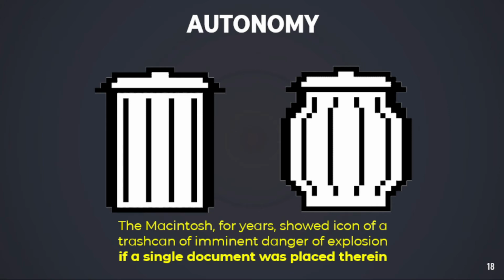They have two statuses only: one if it is empty, and the other if it has trash in it, garbage files. But the problem with this design is that they overdid it. Imagine you only have to delete a file, put that in the recycle bin, and this recycle bin starts to bulge as if it's going to explode.